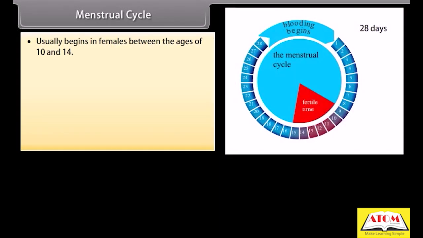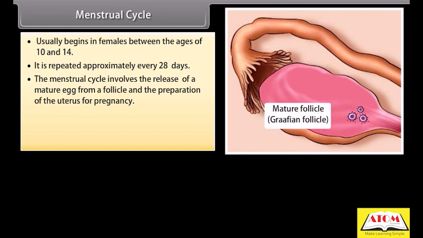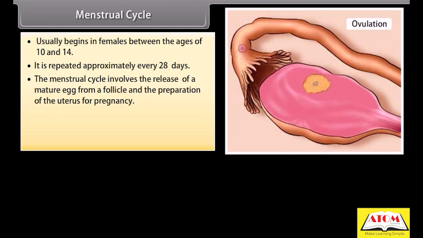Menstrual cycle usually begins in females between the age of 10 and 14. It is repeated approximately every 28 days. The menstrual cycle involves the release of a mature egg from a follicle and the preparation of the uterus for pregnancy.